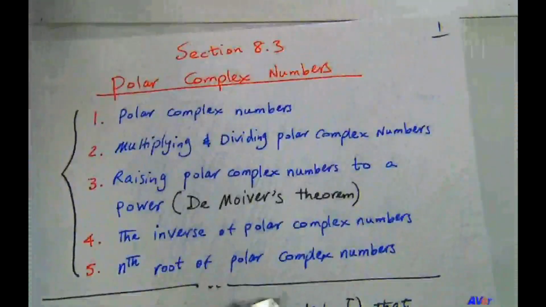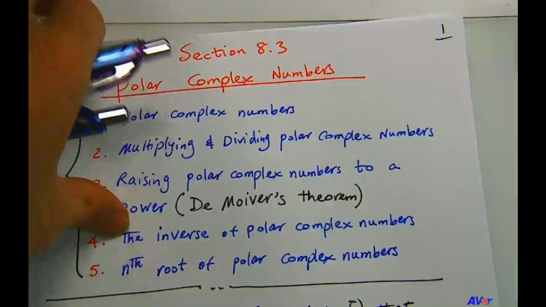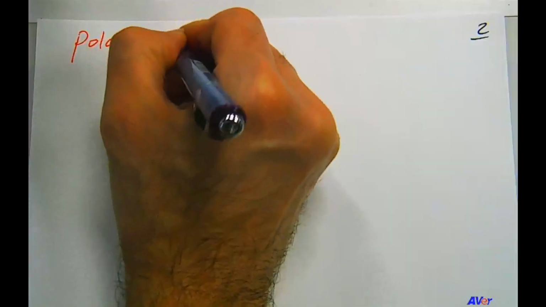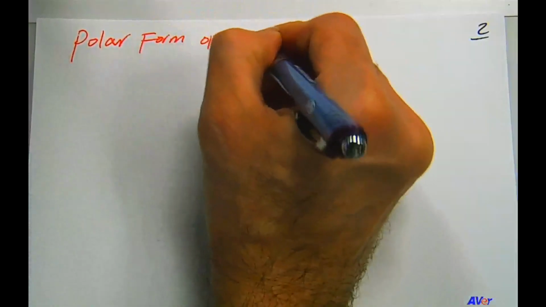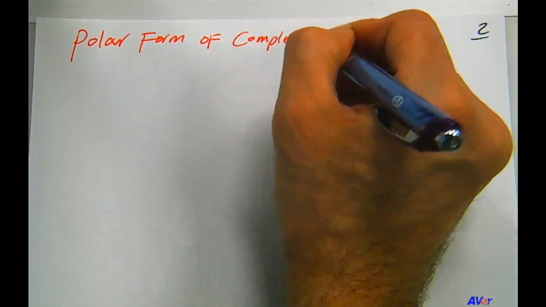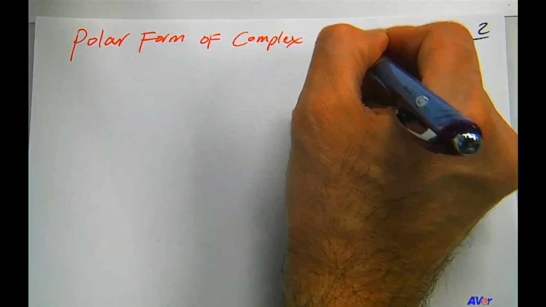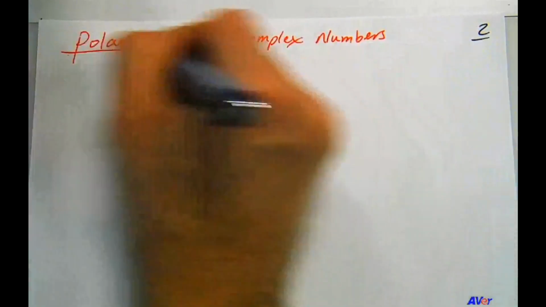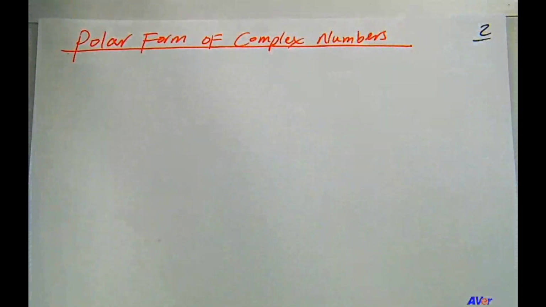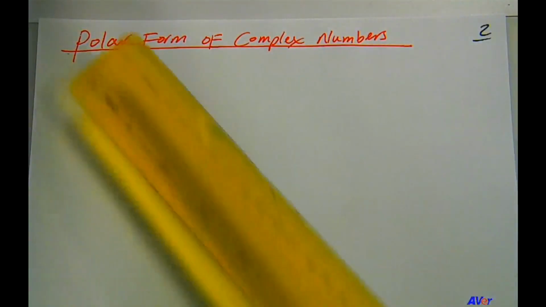Okay, so now, moving forward, we will get to the polar form of complex numbers. I will begin with a couple of graphs.